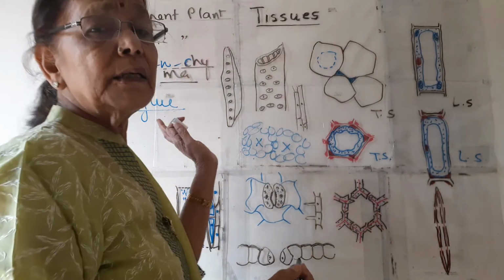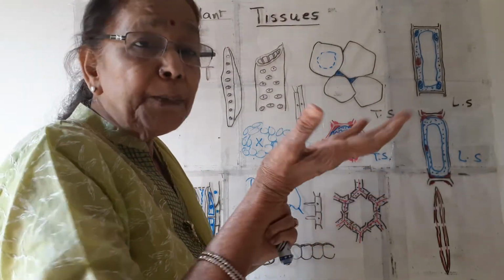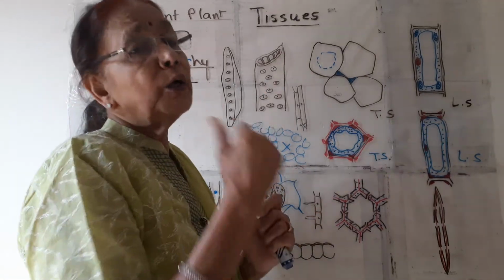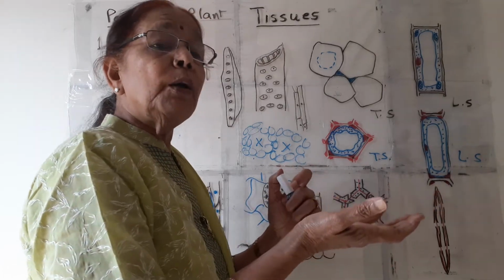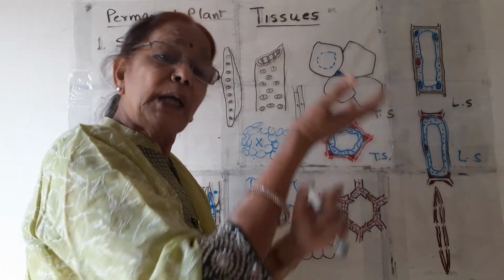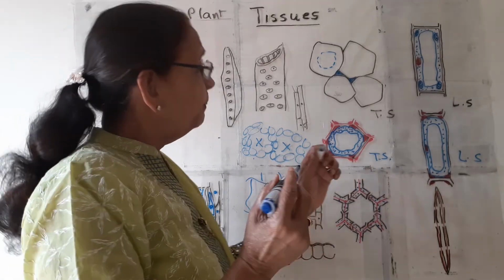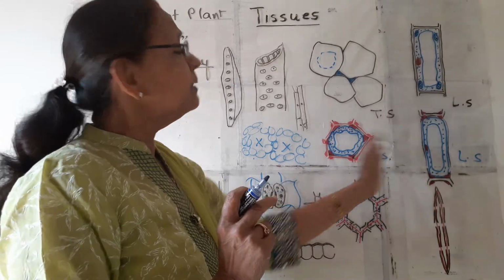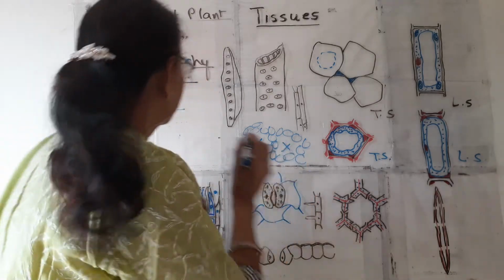This tissue, collenchyma, forms the hypodermis of the plant stem and root. What is hypodermis? Hypo means below. The tissue present below the epidermis is known as hypodermis, and this hypodermis is formed by these collenchymatous cells.